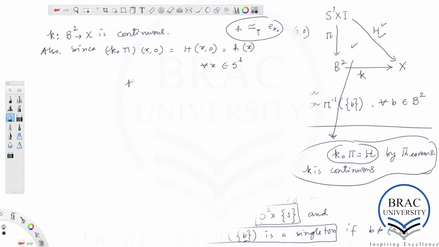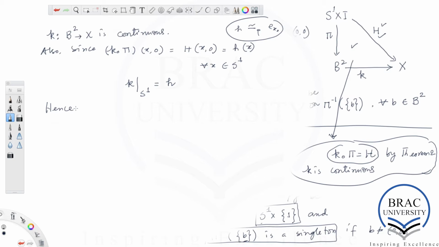It means that K restricted to the circle, the unit circle, is nothing but small h.